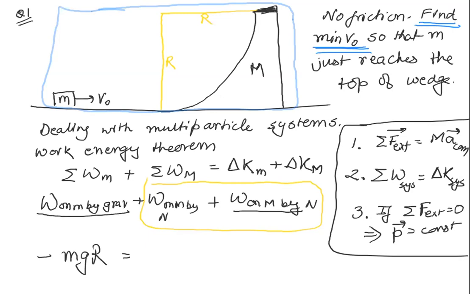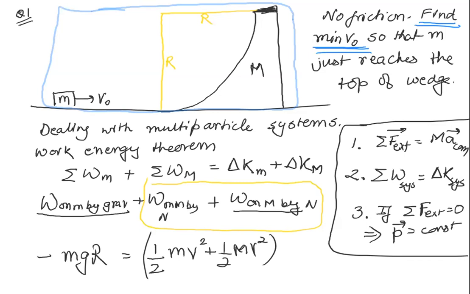This will be equal to the final kinetic energy, that is half mv square plus half Mv square. Right now, both of them have got kinetic energy. The block has got kinetic energy, and the wedge has also got kinetic energy.